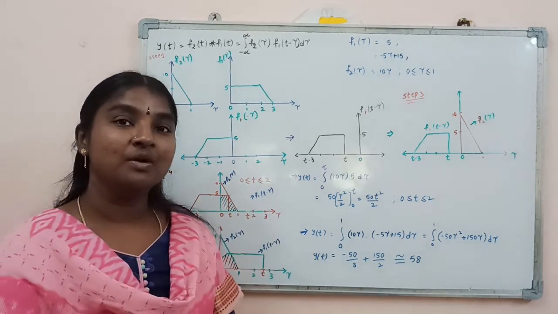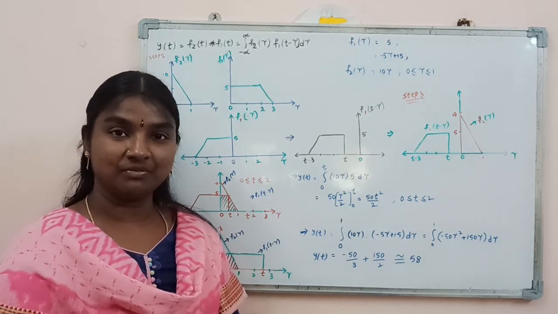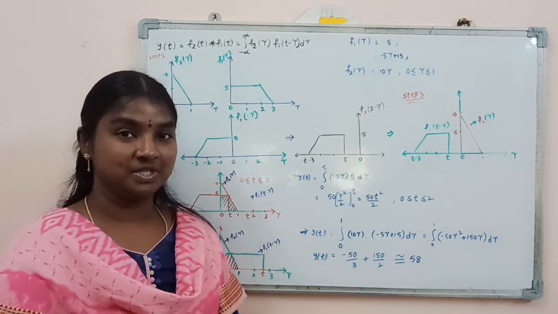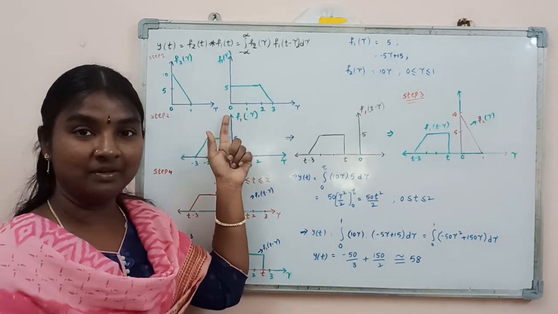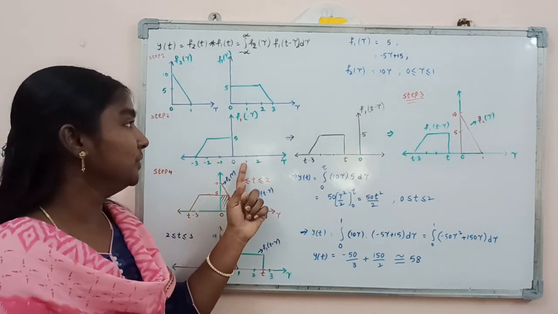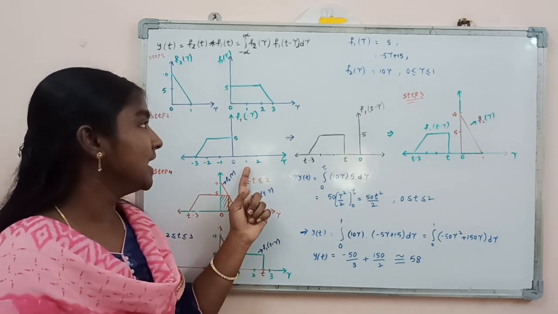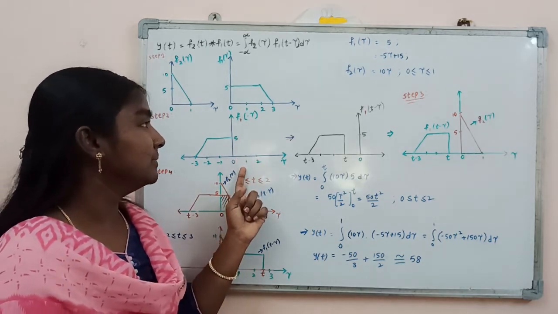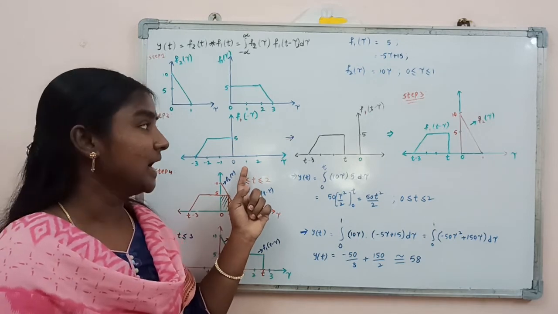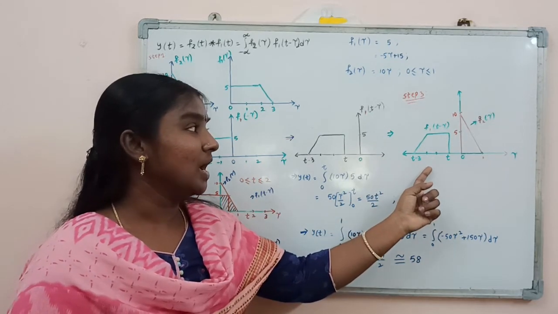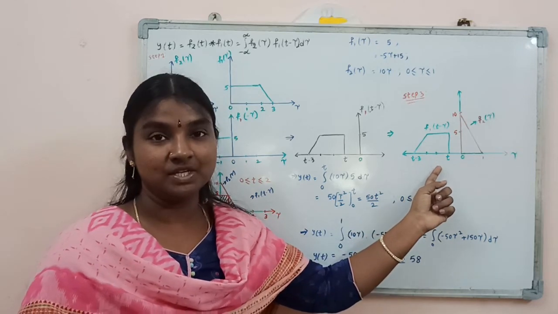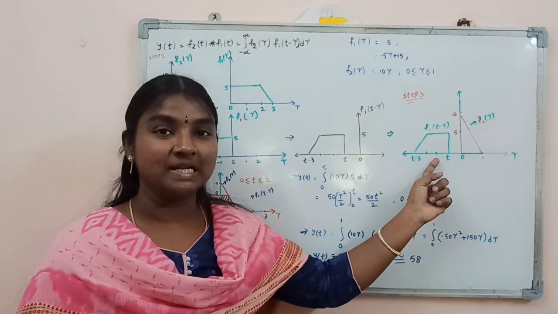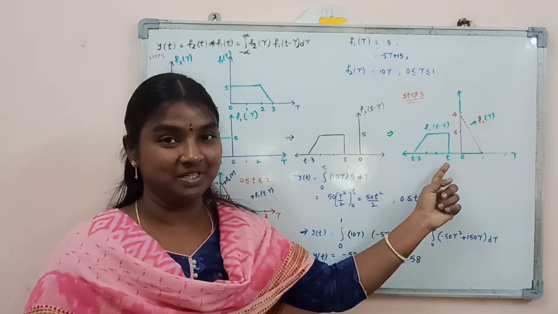Now here also we are going to use the same graphical convolution procedure steps. In step 1 we indicate the independent variable tau, and in step 2 we find the reversal of f1 of tau, that is, f1 of minus tau. In step 3 we need to draw both the signals f2 of tau and f1 of t minus tau on the same tau axis by considering a large negative time shift t.